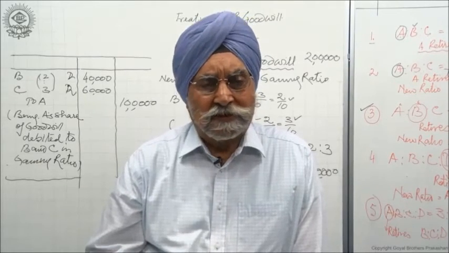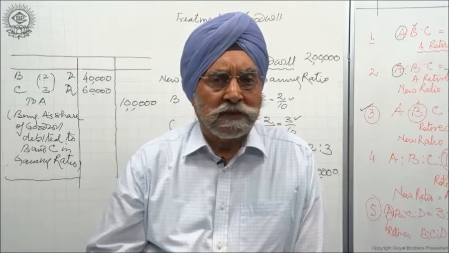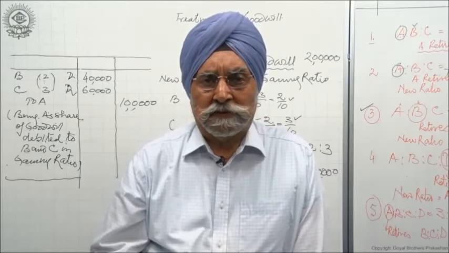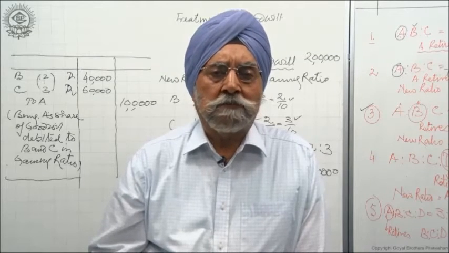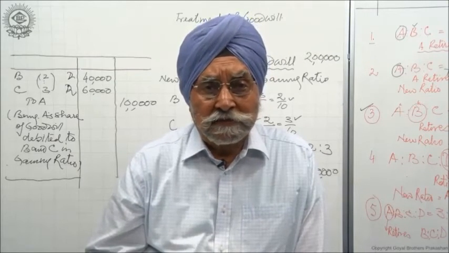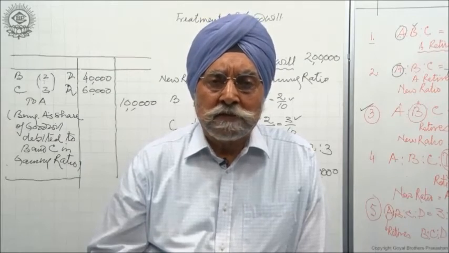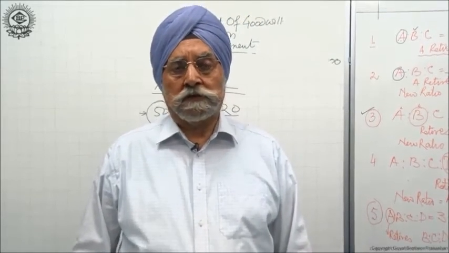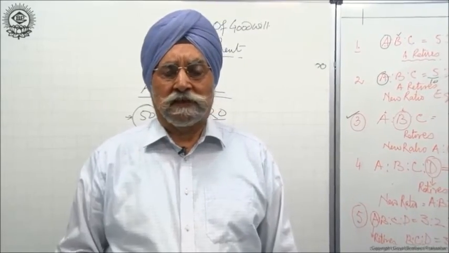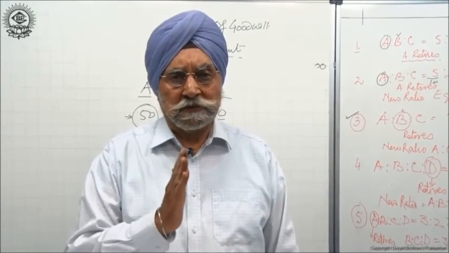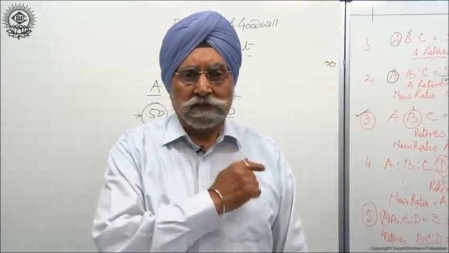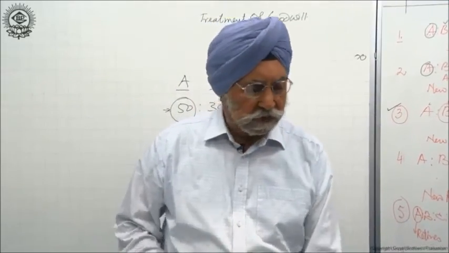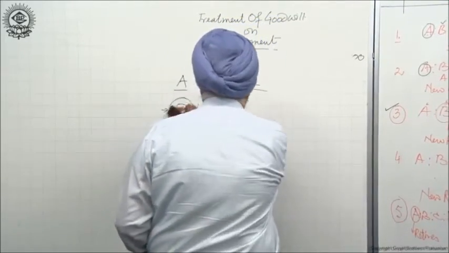He loses his share and leaves his share in the business, and the continuing partners are gainers. But in some rare cases, something else also happens. It is very rare, but it is a possibility, and you have to learn how to treat goodwill if this is the case.